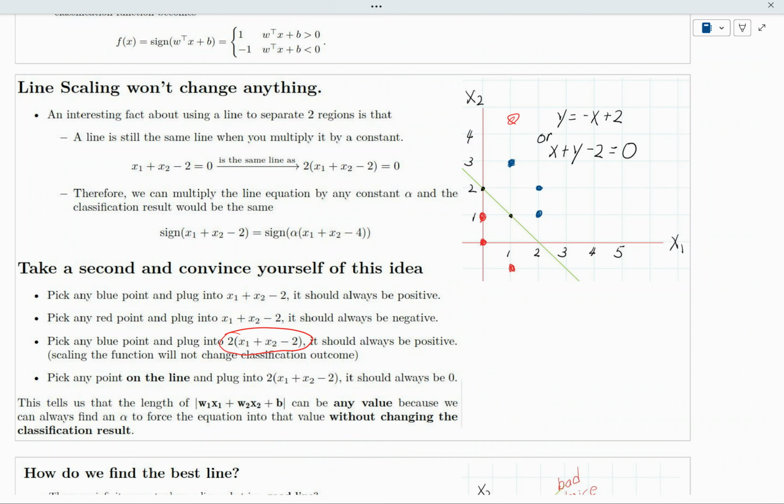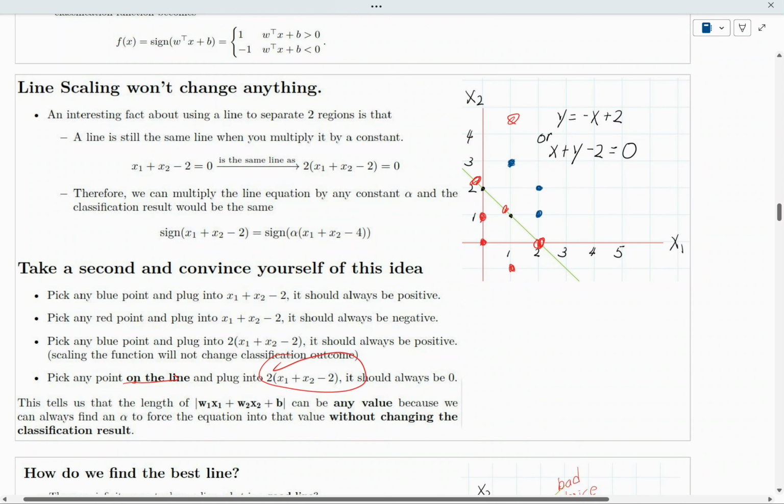It's still above the line. And then after that, you can pick any point along the line. If you plug it into this equation, since it's along the line, it's not above and it's not below. Therefore, you should get a 0.